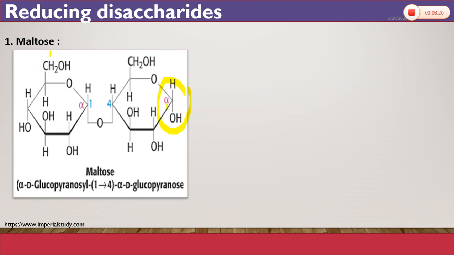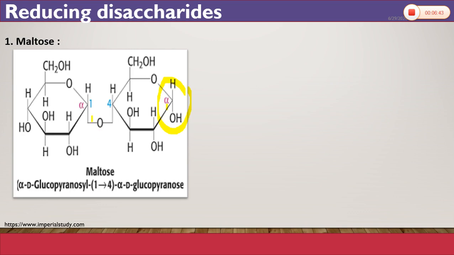So maltose is a homodisaccharide because both monosaccharide units are glucose, they are the same. The glycosidic bond is formed through oxygen, so it is called an O-glycosidic linkage.